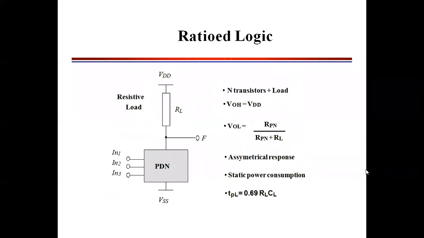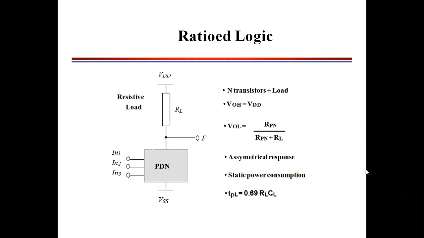Now, this is how to calculate for the resistive load. Suppose we have used the first technique, where we replaced the PMOS using the resistive load. So how to calculate that? The VOL is equal to RPN divided by RPN plus RL. It is an asymmetric response. Then the static power consumption, and the propagation delay tPLH.